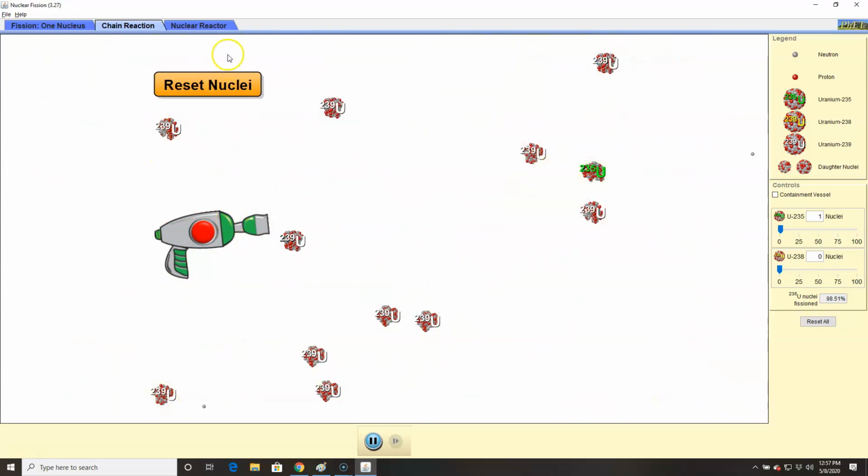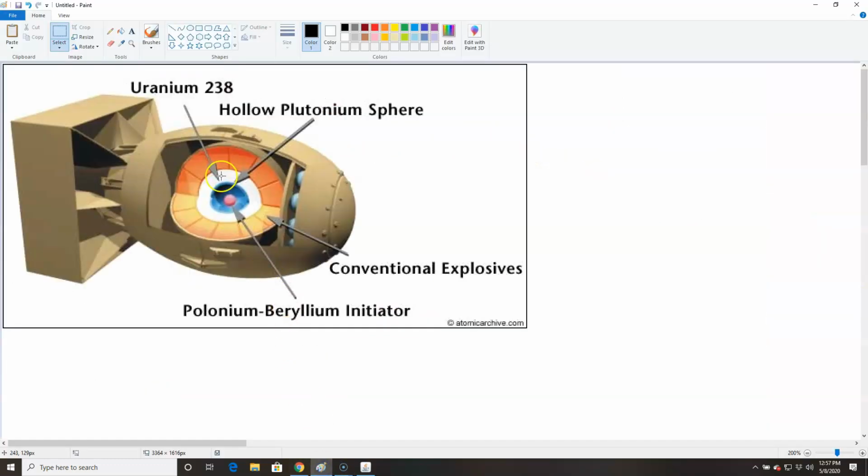Now, why isn't this bomb just going to go ahead and detonate itself on its own? Well, because this plutonium is actually hollowed out. So it's spaced out enough. We're distributing the volume over a much bigger area in a fashion that will prevent the chain reaction from occurring.